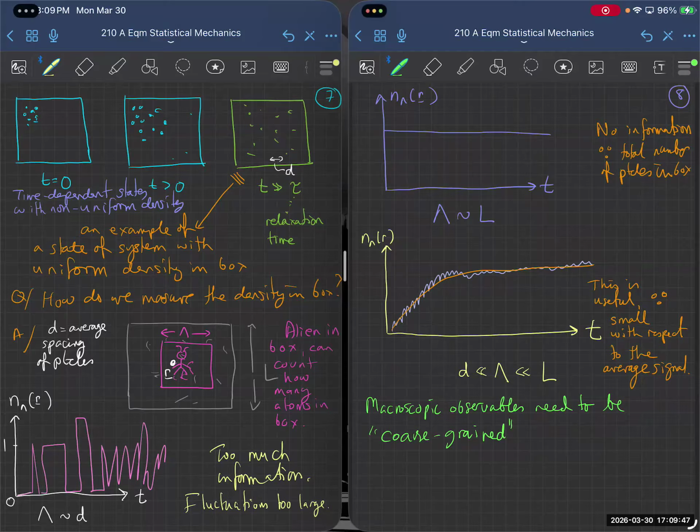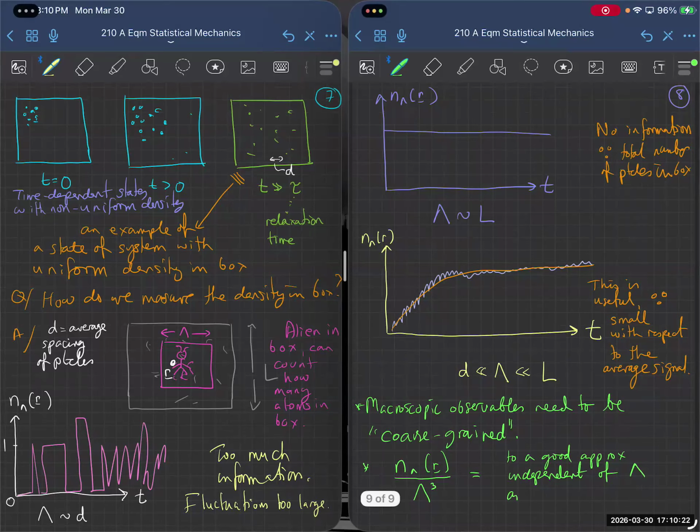And then if I compute the density, so I take the number of particles in my box, n of lambda, I divide by the size of the box, so that's lambda cubed, then this is, to a good approximation, independent of the size of the box.